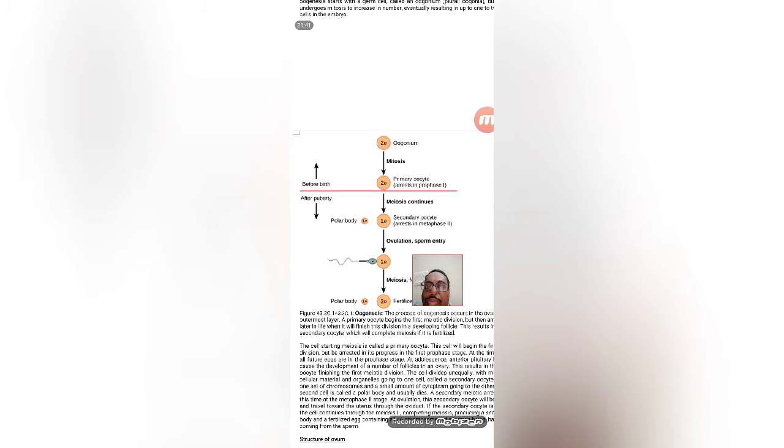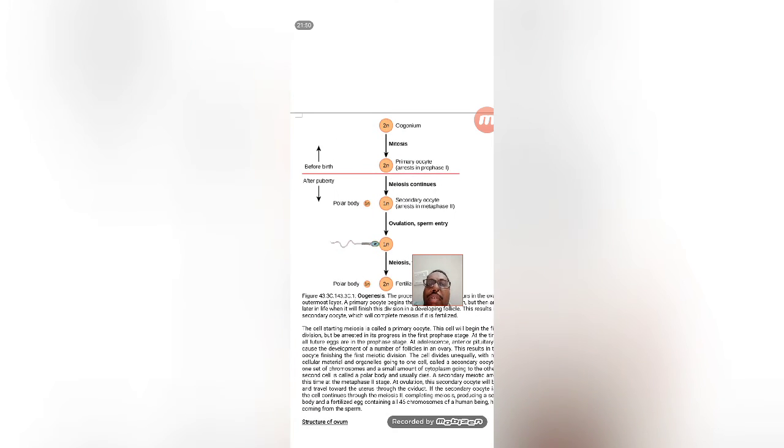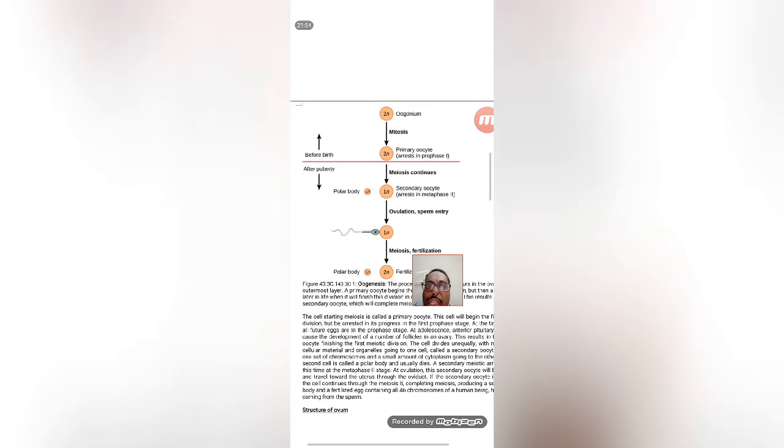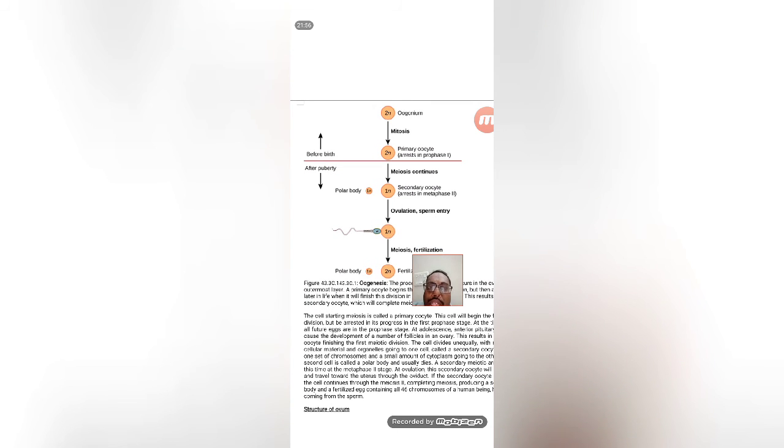Then, before ovulation, it will develop into a mature ovum, and the secondary oocyte will be arrested in the metaphase 2 stage of the meiotic division.